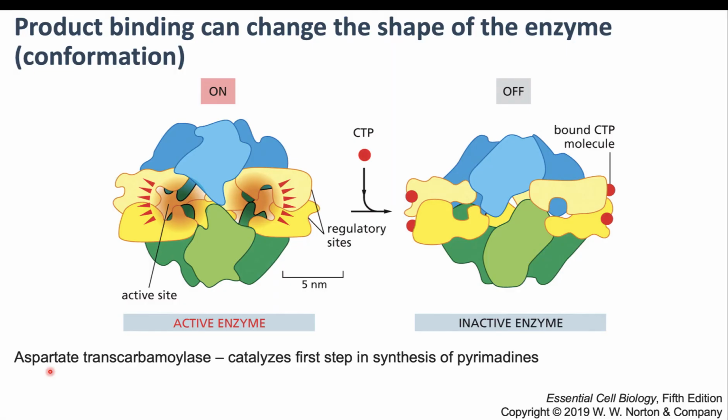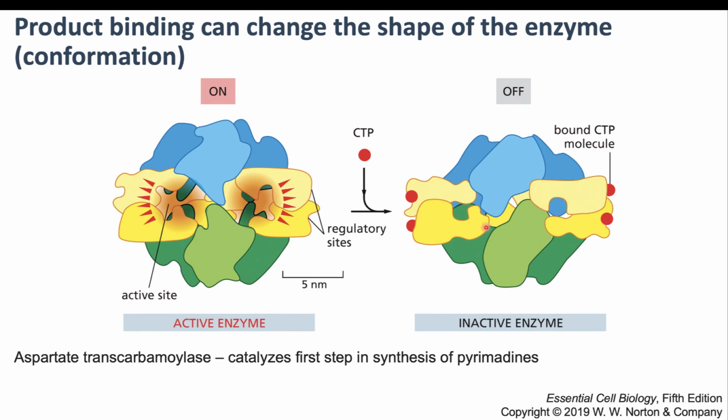In the textbook, they give the example of aspartate transcarbamylase as an enzyme that is controlled or regulated via inhibitory feedback. So in this case, the picture here, on your left is the active enzyme. You can see it says on, and you can see they've highlighted the active site. When CTP is present and binds to the enzyme, you can see there's actually 4 binding sites.